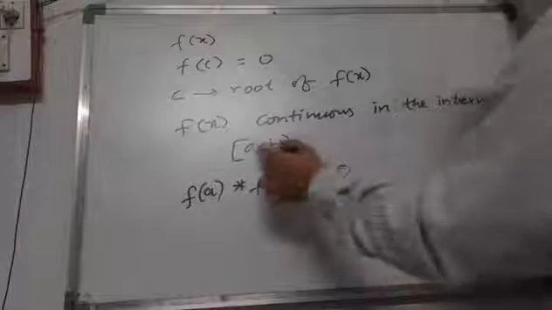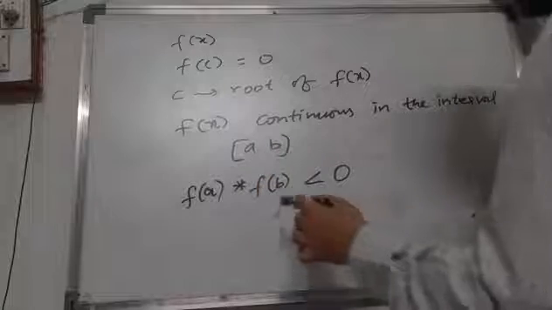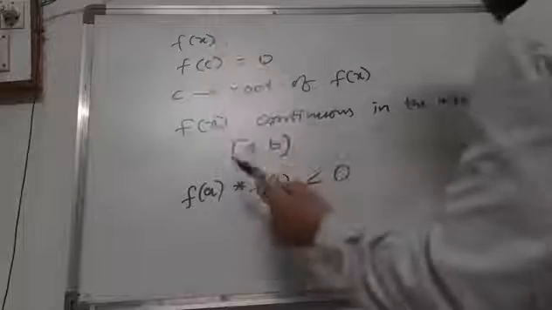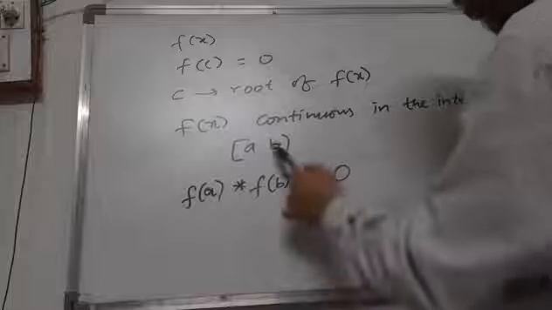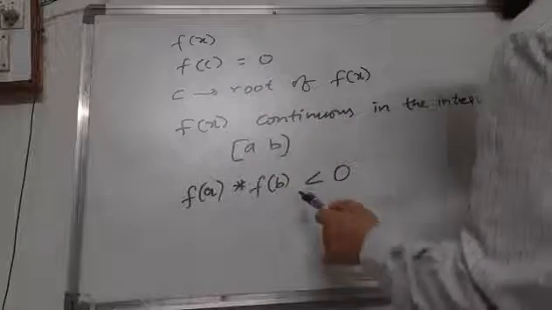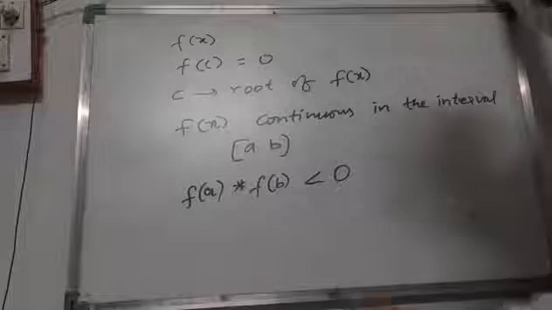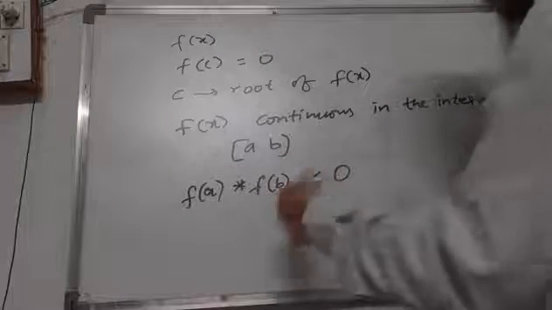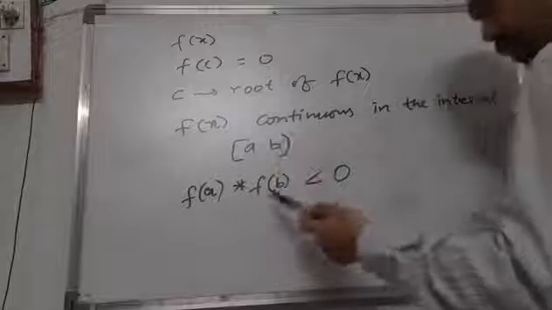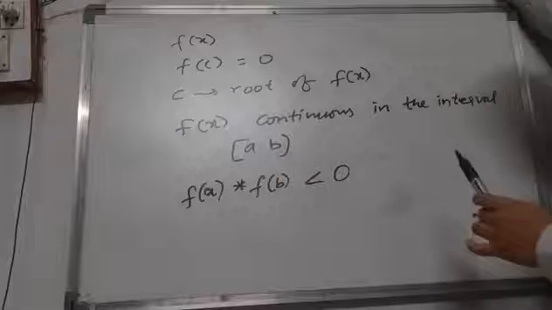If a is substituted in f of x you get some value, and if b is substituted you get some value. The product of these two values should be negative, then only it will be less than 0.